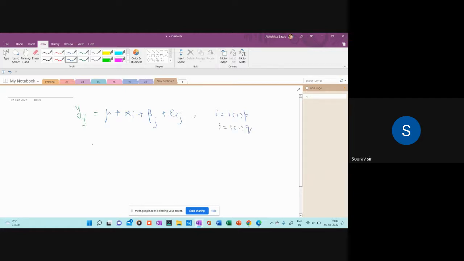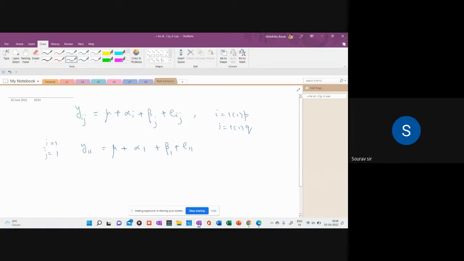If I split it up for i equals 1 and j equals 1, my observation will be y11 equals mu plus alpha 1 plus beta 1 plus e11.